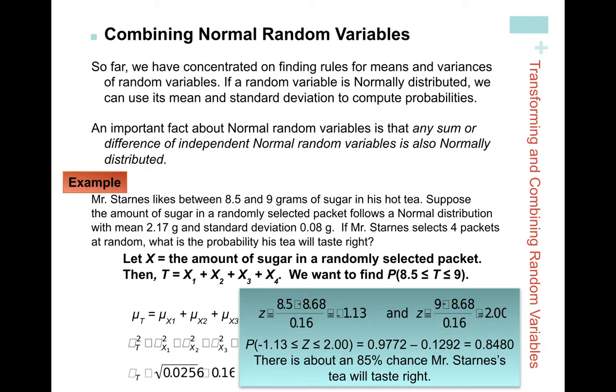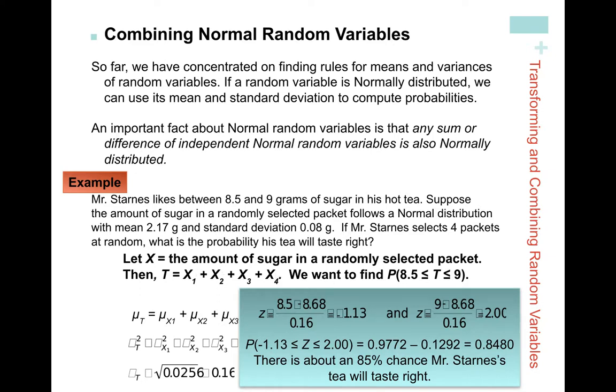Well, he's taking all the variability of each one of those 4 packets. So how do you calculate this? Let's go ahead and define T as the total amount of sugar, which is x1 plus x2 plus x3 plus x4.